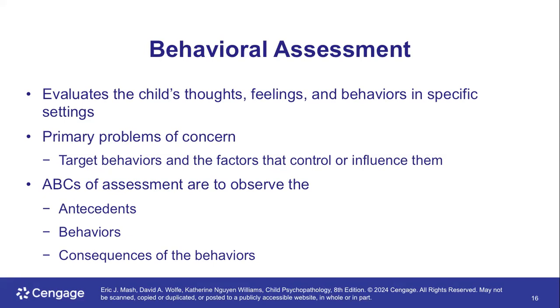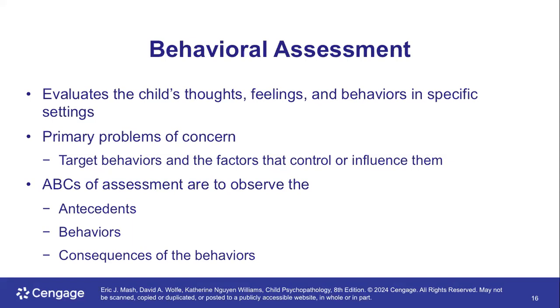An antecedent is what led up to the behavior. What was the trigger? What was the distressing thing that led to the action itself? The behavior is what the child said or did. And then the consequence, which is very influential in either increasing or decreasing the likelihood of a behavior. We pay attention to what was the consequence of the behavior.